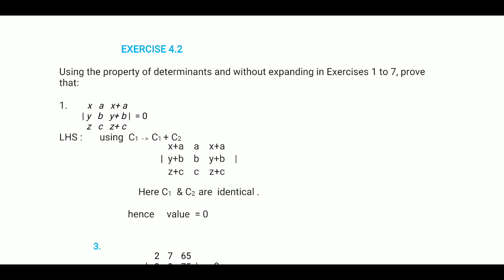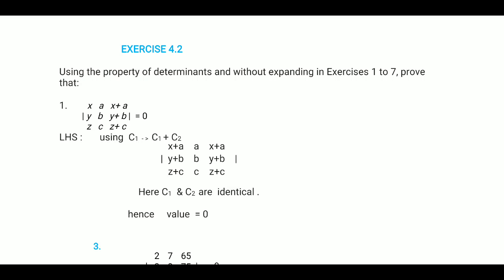So suppose I am applying C1 becomes C1 plus C2. Here you see x a, x plus a, y b, y plus b, z c, z plus c. Column 1 elements and column 2 elements are added, and column 1 is changed in this manner.